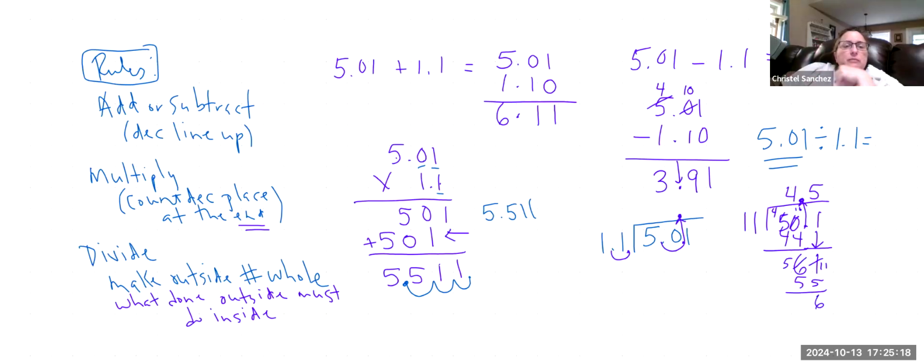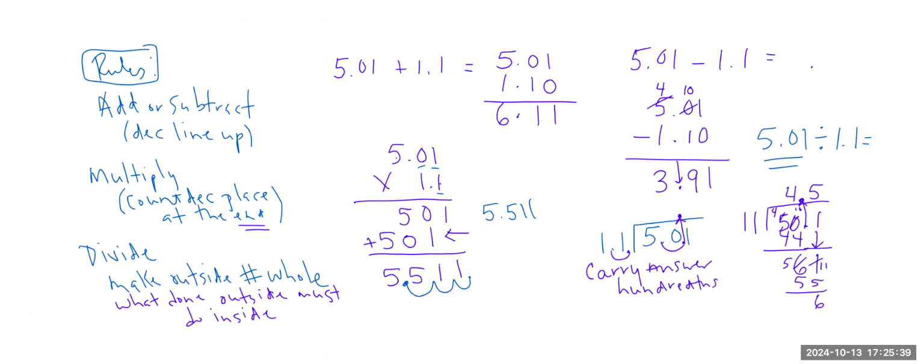All right, so on the exam, it's going to tell you whether you have to round or if you have to carry. Okay, and on this one, I want you to carry your answer to the hundredths place. All right, so if we're carrying it to the hundredths place, can I stop right here? No. Okay, so what do I need to do?